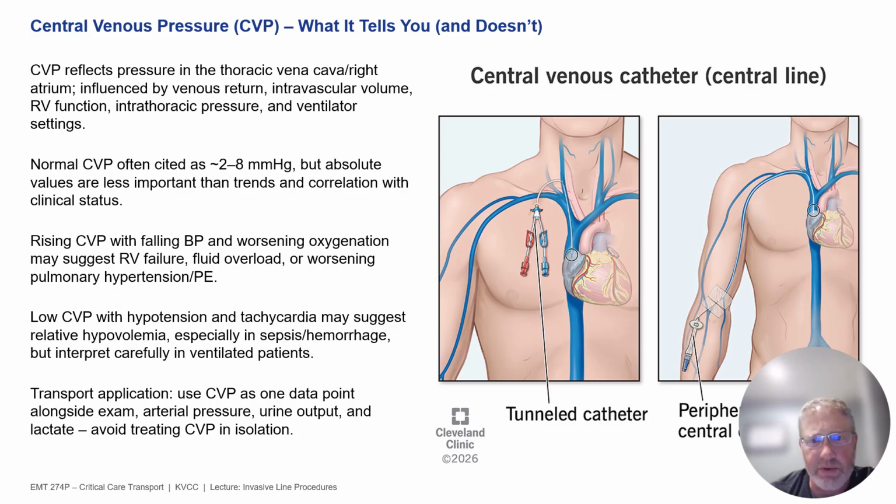But you need to factor in the PEEP if they're on positive pressure ventilation, and factor in the ventilator settings, because those can artificially elevate the CVP. CVP should be used as just one piece of the puzzle alongside the MAP, the mean arterial pressure, lactate, mental status, and urine output.